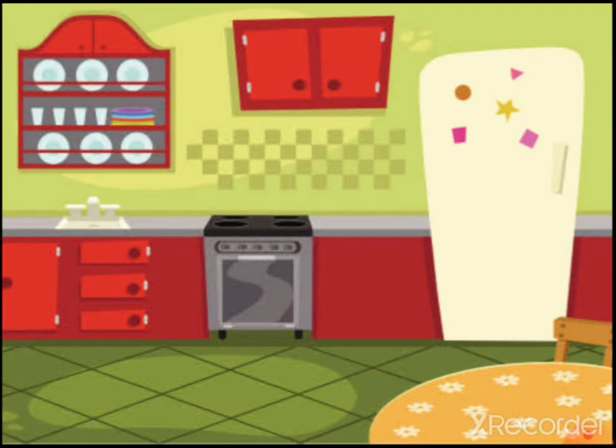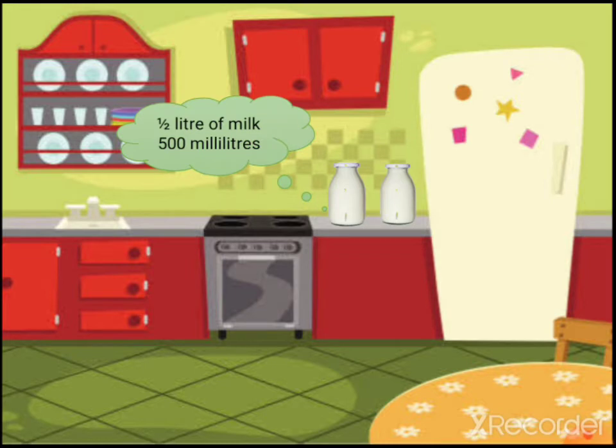Now let's go to our friend's house. Let's see what he or she will give us. Again milk, but here there are 2 bottles of milk. Half liter of milk is equal to 500 milliliters.